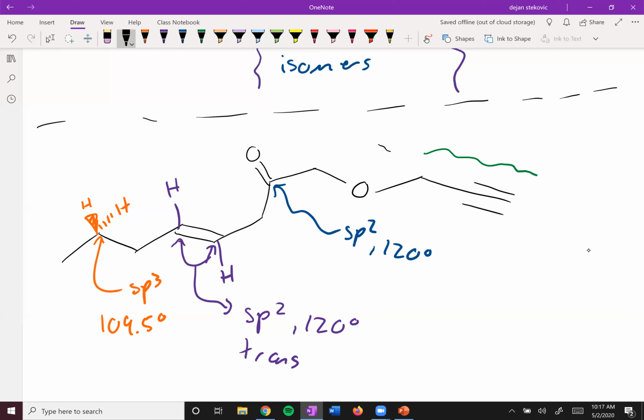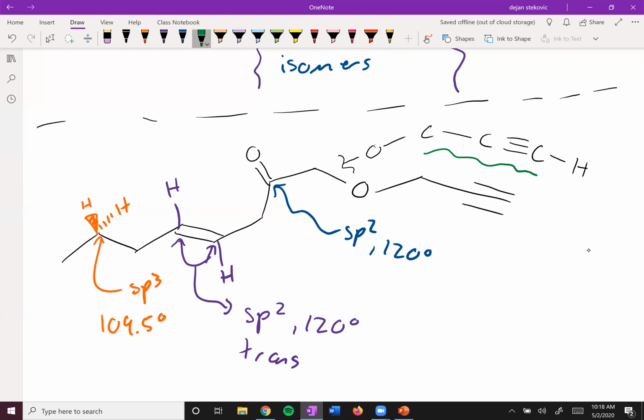So we're coming from this oxygen onto a carbon, which let me draw this a little bit better. Coming from this oxygen onto this carbon, which is attached to another carbon, which is triply bound to another carbon, and then a hydrogen on the end.